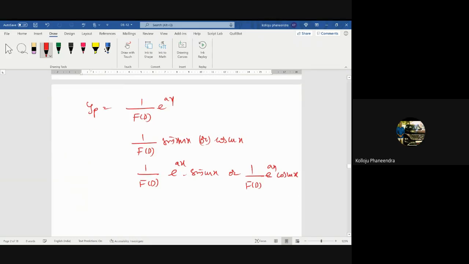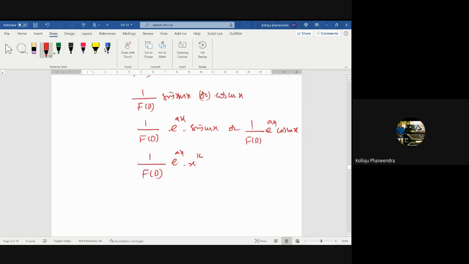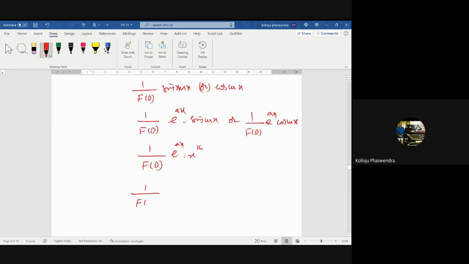We did this problem also. Another one, 1 by f of D into e power ax into x power k, we also did. Next one, 1 by f of D into x to the power of k into v of x model, particularly sin mx, or 1 by f of D into x to the power of k into cos mx, we did.